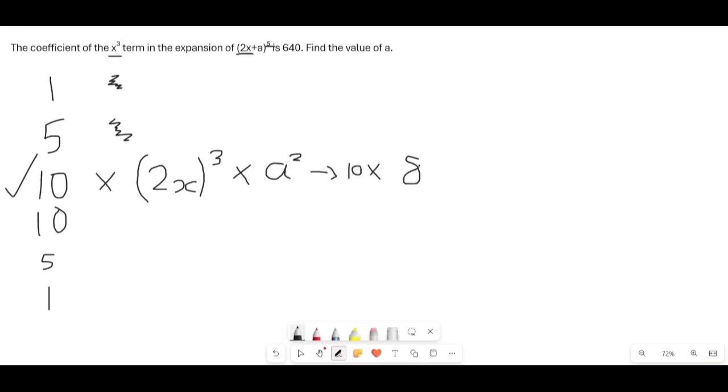Make sure to expand that 2 into 8 because we're cubing that as well. So at the end of all that, we get this lovely expression here. And because we know that the coefficient of this is this, but we also know that it's 640, we're going to solve that now.